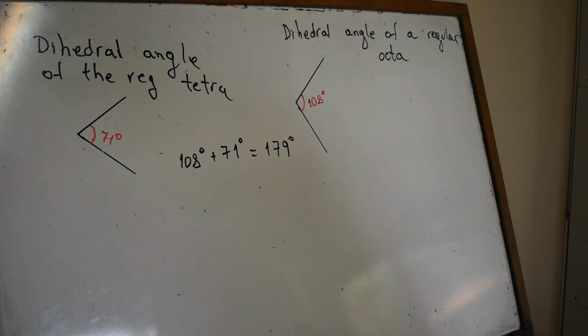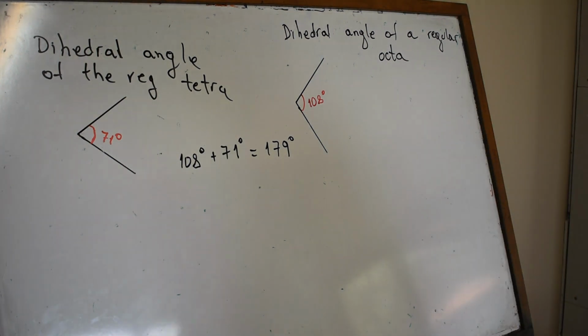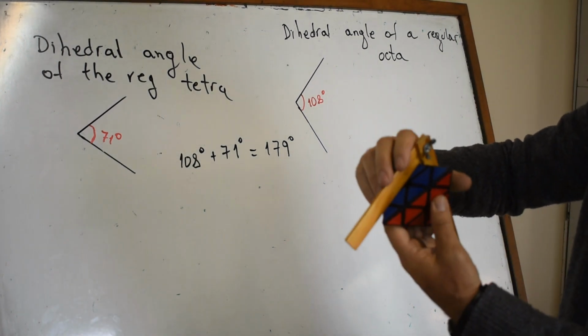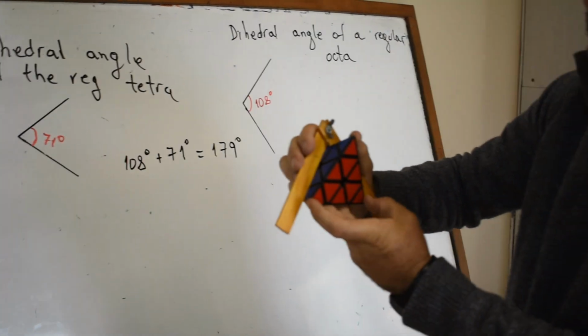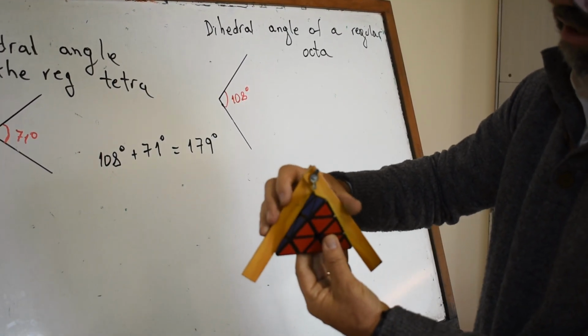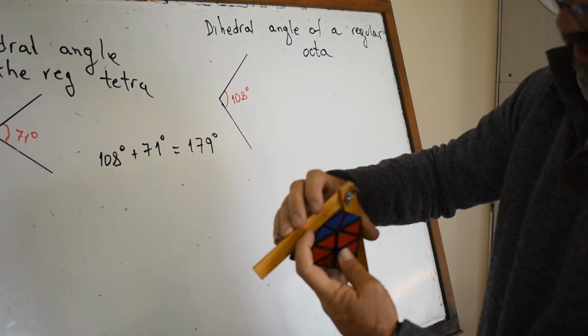Here, if we watch this regular tetrahedron, we have a triangle. Let's say that the edge is 1. And so we have, this is 1, and this is the height of an equilateral triangle.